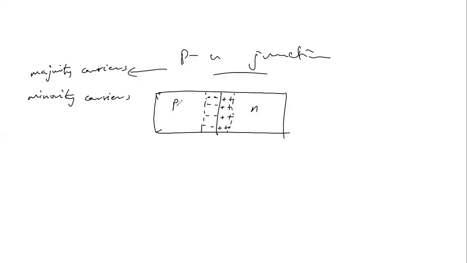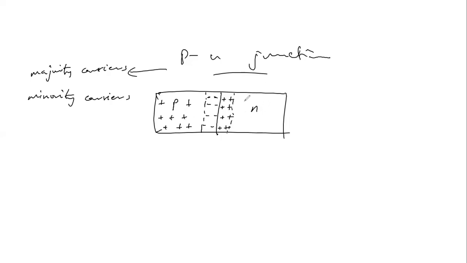Now, for the p-type material, what we have here are holes, right? So the majority carriers are holes, but it does not mean that we do not have some electrons. Because the holes are more than the electrons, we say that the minority carriers in the p-type material are the electrons, while the majority carriers are the holes.